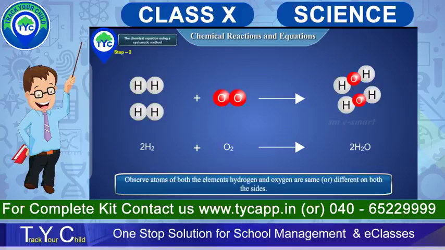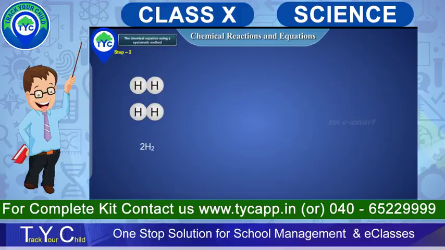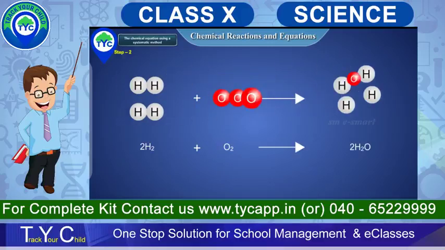Observe whether the atoms of both the elements, hydrogen and oxygen, are the same or different on both sides. 2H2 plus O2 gives rise to 2H2O.